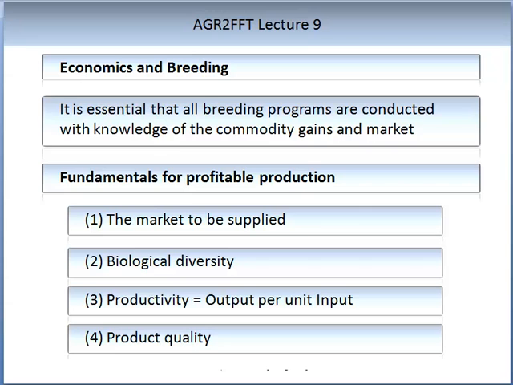The fundamentals for profitable production are listed below: the market to be supplied, the biological diversity, the productivity, which equals the output per unit input, and product quality. The components of the economics of breeding are covered in other subjects, so we will just touch on them in concept here.